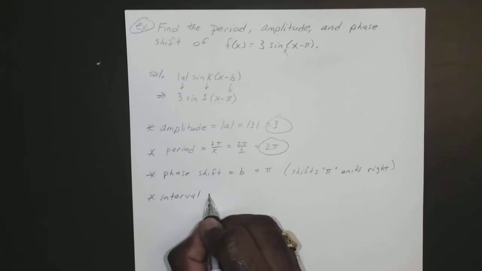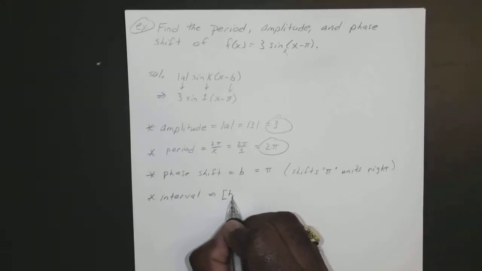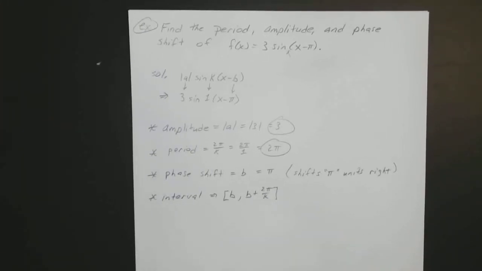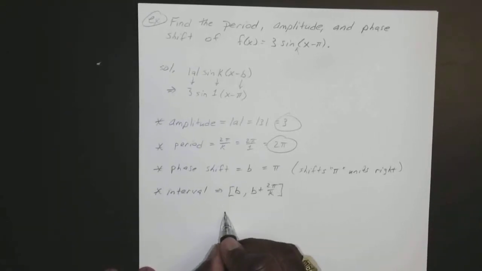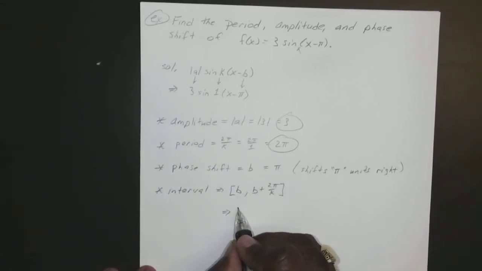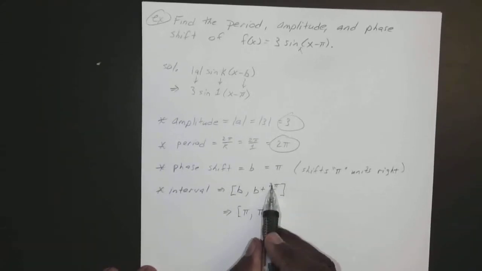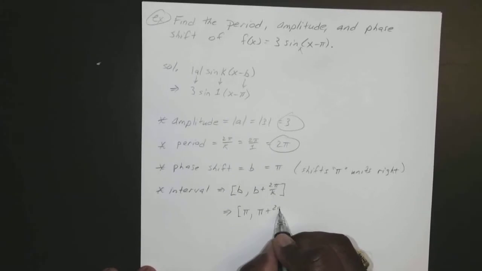So remember your interval is b plus 2 pi over k. Which means that your b is equal to pi. So it's pi plus 2 pi over 1, which is just 2 pi, but I'll put it there anyway.